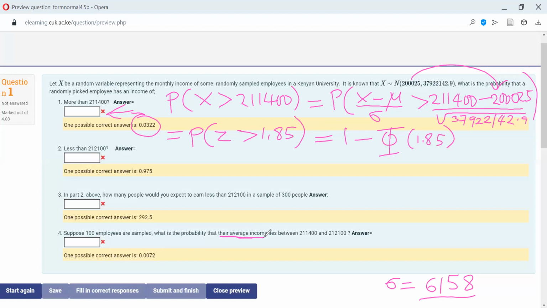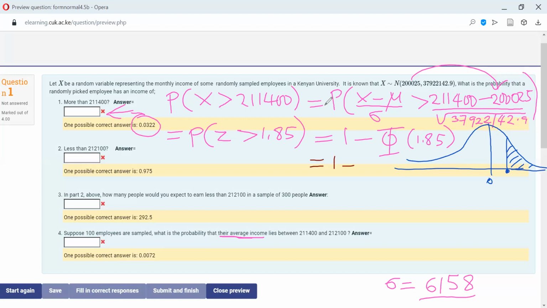Why? There's a rule I have always explained. Always draw this graph. Try to place where your Z is. My Z is somewhere here. This is the area we are looking for. And as long as it is less than 50% of the area, always take 1 minus that phi. Phi is just a function, so I take 1 minus.